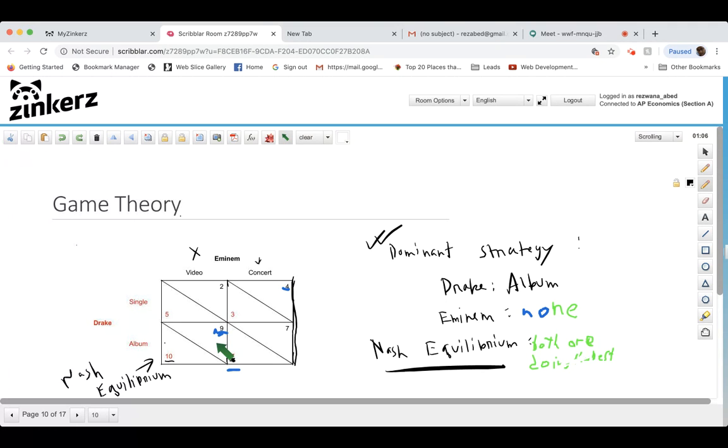It is better for Eminem to do a video. So does he benefit from moving away from this choice? No, he doesn't benefit. So that's for Eminem. Let's check the same way for Drake now. If Eminem does the video, does Drake benefit from moving away from this cell?